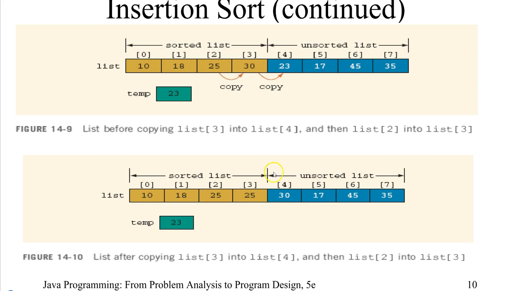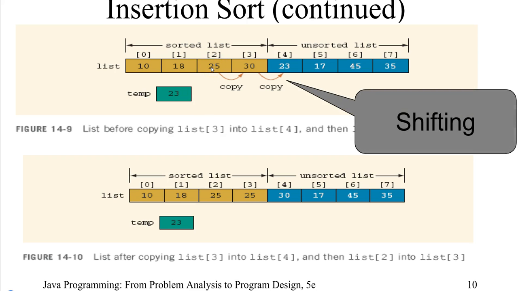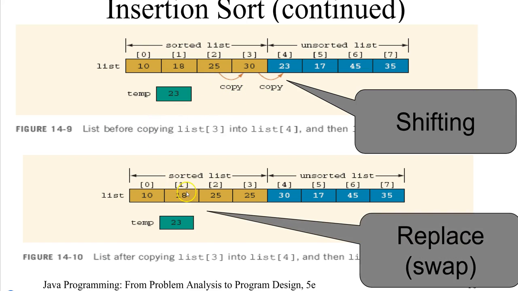So as I shift over these elements, I'm going to then be putting 23 in its correct spot. So I'm shifting over the elements and then replacing it once I get to the right spot.